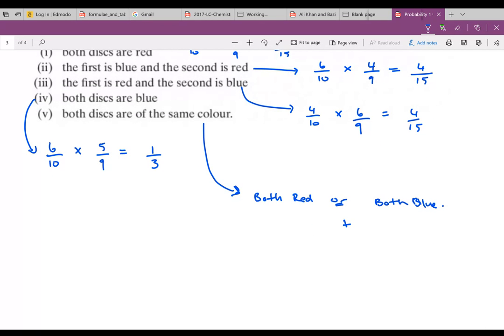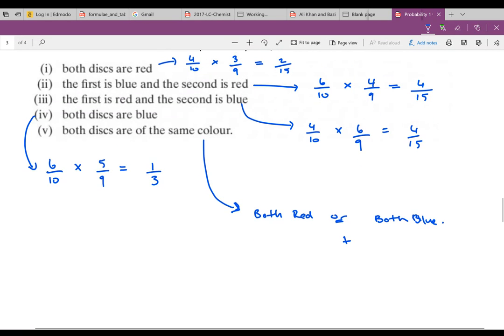If they're both red, that is 2 out of 15. We've already calculated that probability in I. And if they're both blue, we've got that probability to be 1/3. So the probability that both discs are the same colour is 7 over 15.